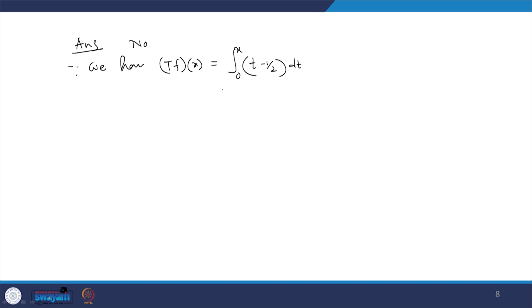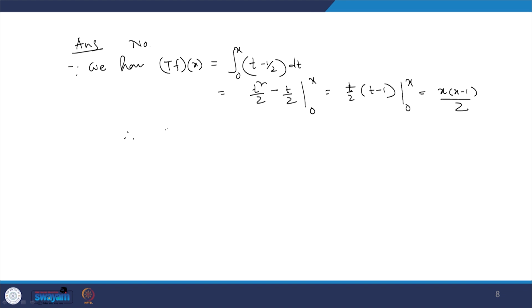Then I will have t square by 2 minus t by 2, evaluated from 0 to x, which is equal to 1 by 2 into x into x minus 1, which is x into x minus 1 by 2.